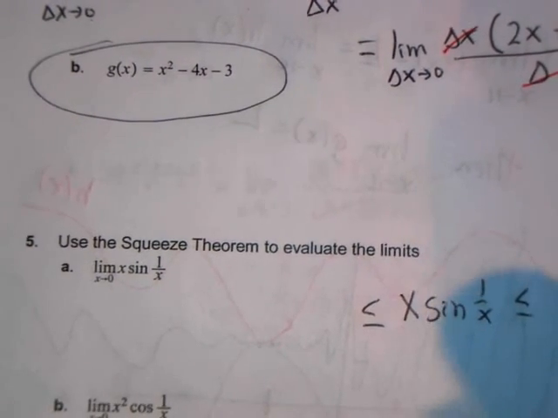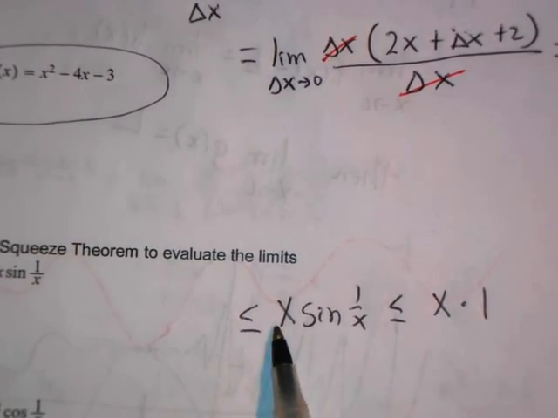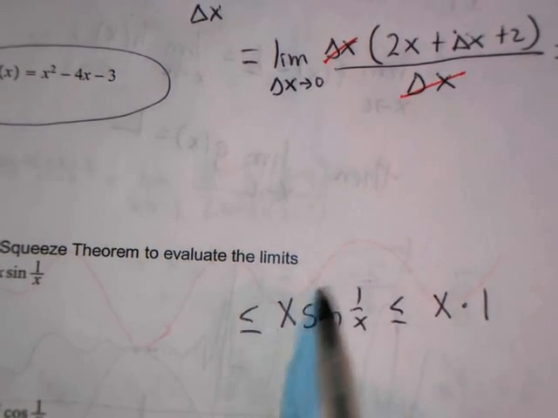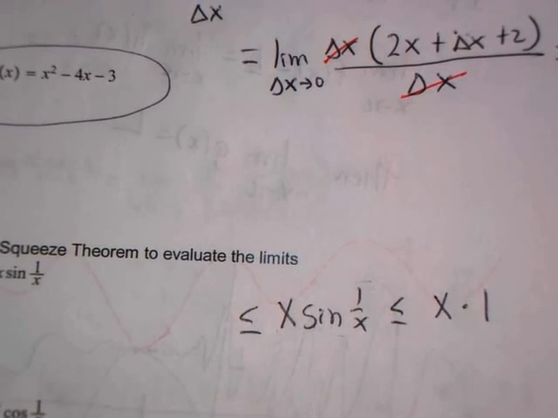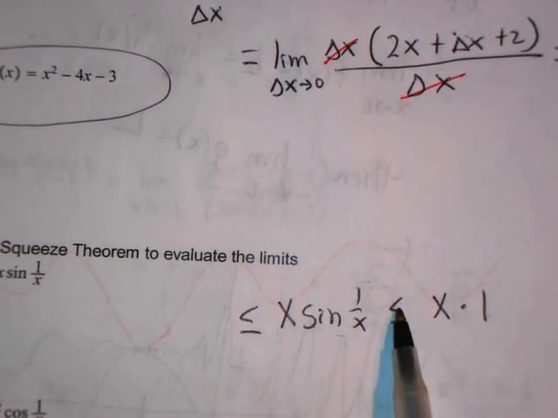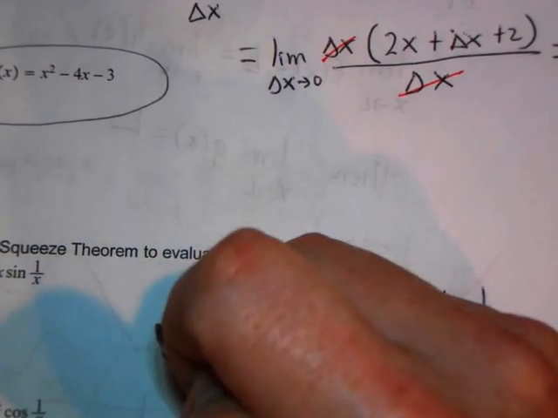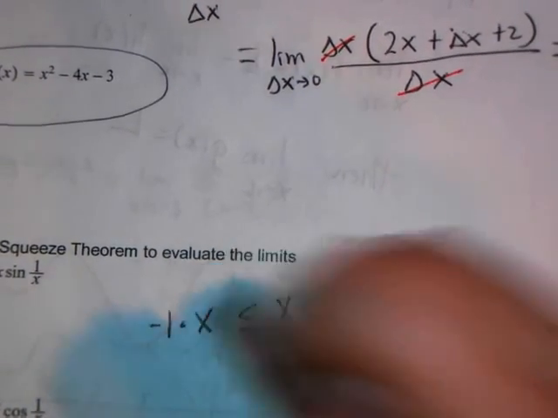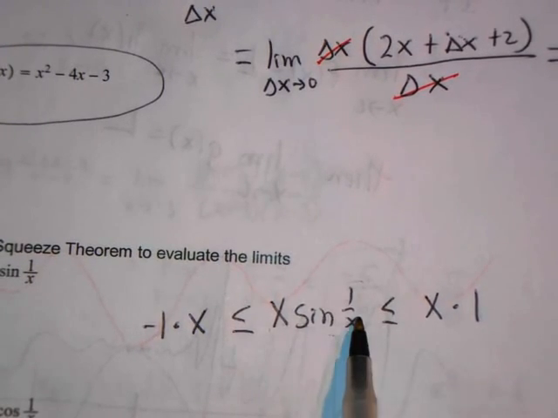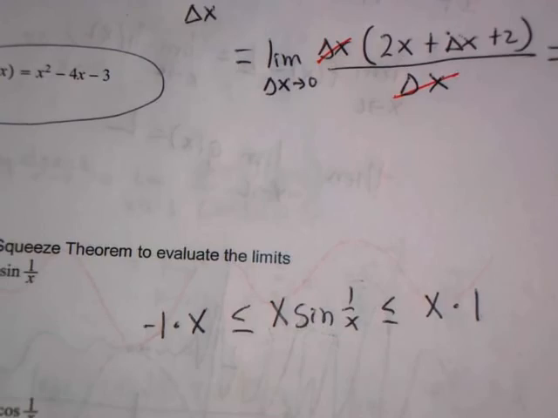x times 1. Now, why can I just say that x sine 1 over x is less than or equal to x times 1? Well, what's the biggest possible value for sine? Sine itself is stuck between 1 and negative 1. So the biggest possible value is 1, so x times this has to be less than x times 1. Conversely, the smallest possible value for sine is negative 1, so I know that this thing has to be bigger than negative 1 times x.